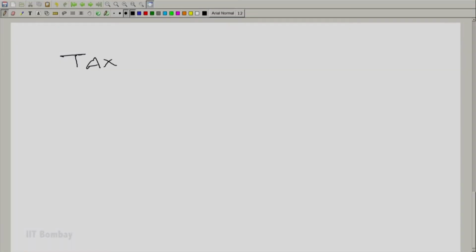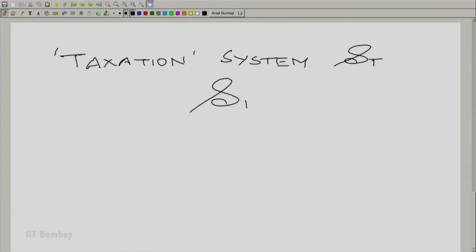So, you will recall that the taxation system, which we had looked at in an earlier discussion, gave you the output, let us call it S, taxation system if you like, and the system looked like this.